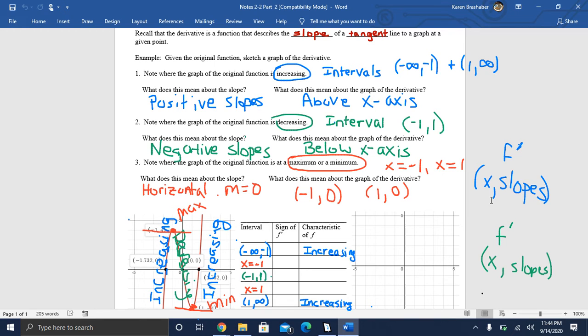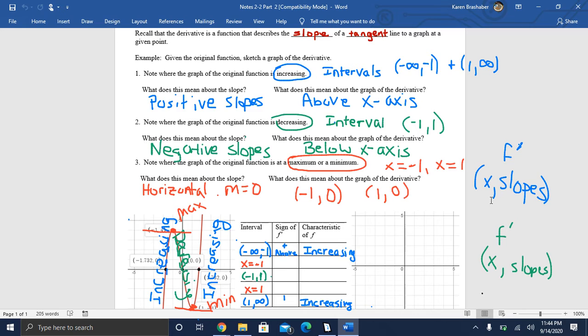And so whenever we had an increasing function, then f prime would be positive. Usually I'm just going to use a plus sign to indicate that it's positive. And just to help remind you, that means it'll graph above the x-axis.